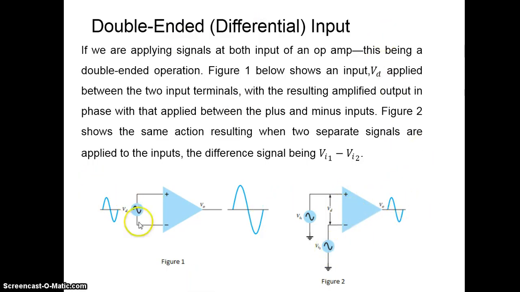The difference only is shown here, that is VD, and that will be amplified without any polarity change. And here also, when your polarity is not changing, you should subtract in such a way that V1 minus V2, plus should come first, minus should come next. So V1 minus V2, that is called double-ended input.